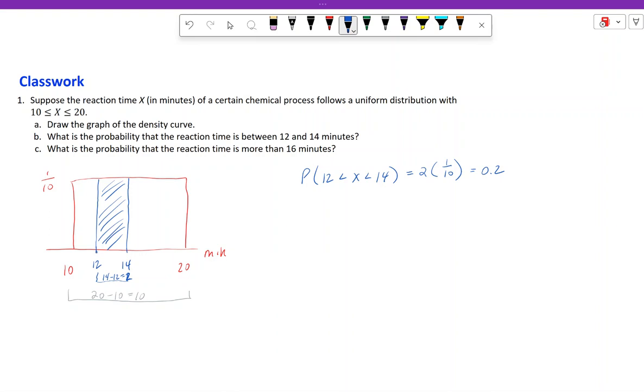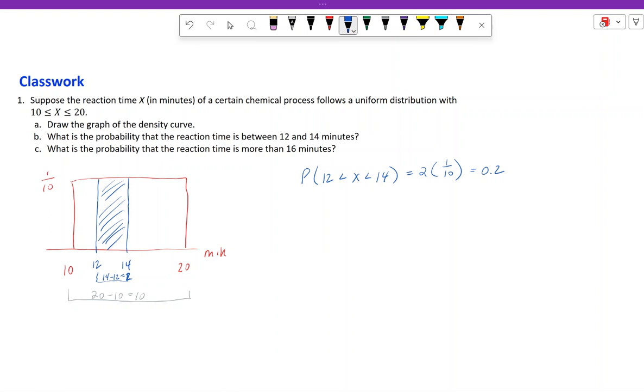My minimum reaction time is 12, my maximum reaction time is 14. So I have a new rectangle drawn within the red rectangle, and the base of this new blue rectangle is 2, because 14 minus 12 is 2. So when I multiply the base of 2 times the height of 1/10, I end up with 0.2.